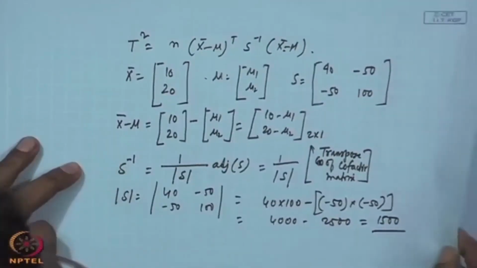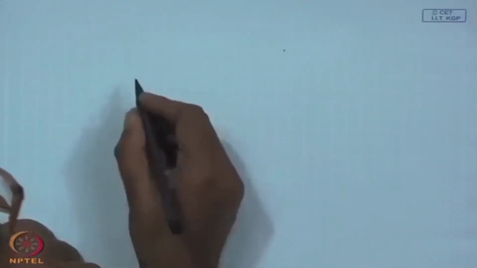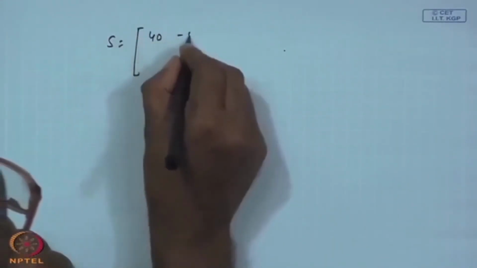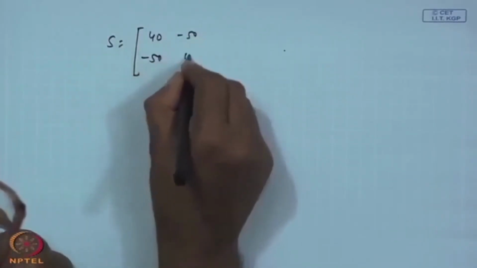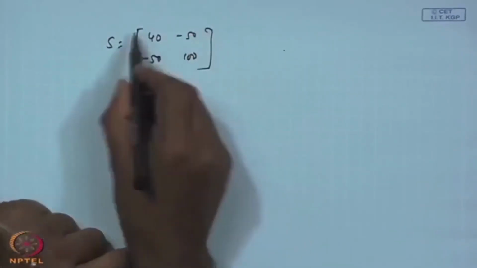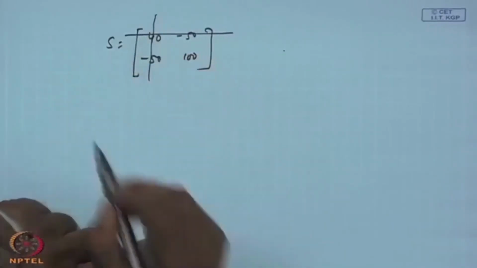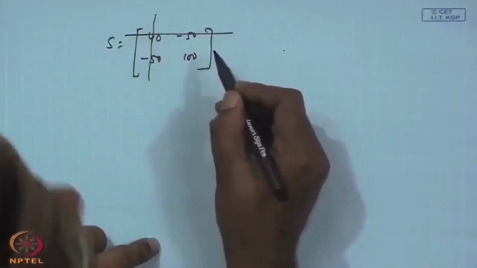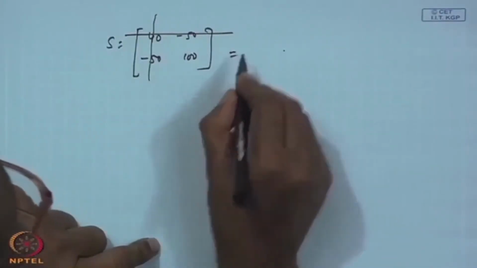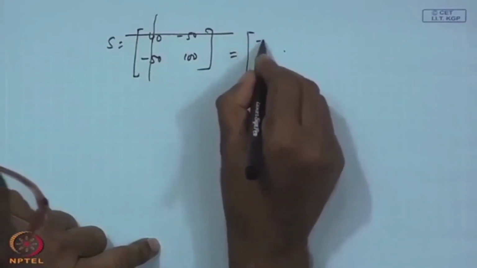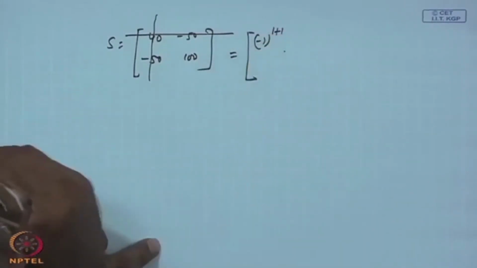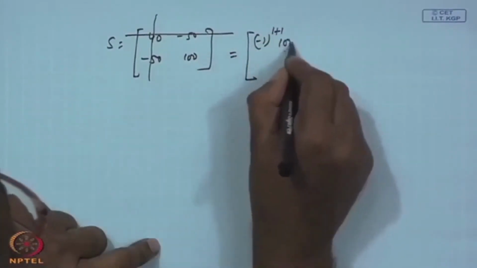Okay. Now, see the transpose of the cofactor of S. S is [40, minus 50; minus 50, 100]. When you find the cofactor for a particular element, you have to cross out that particular row and column. So, for row 1 column 1, minus 1 to the power 1 plus 1, what is remaining is 100.